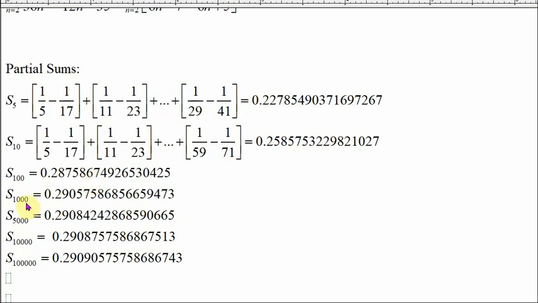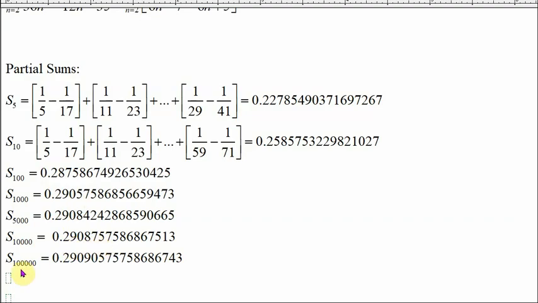The sum of the first 1,000 terms is 0.290575. The sum of the first 5,000 terms is 0.290842. The sum of the first 10,000 terms is 0.290875.